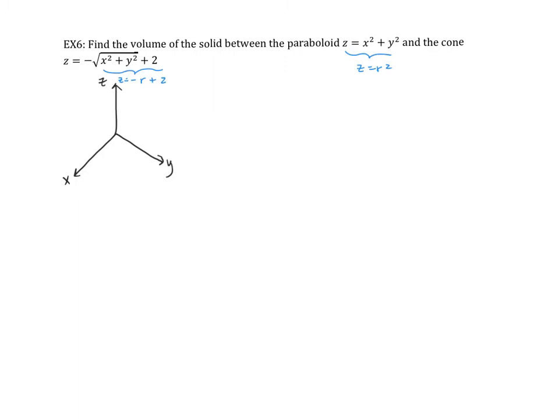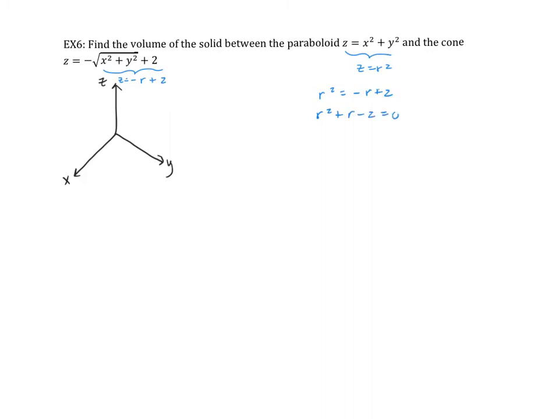So what I'm going to do is look at where these two intersect. If I set these equal to each other, and I'm going to leave it in the r squared, that gives me r squared equal to negative r plus 2. I already got rid of the x's and the y's. r squared plus r minus 2 is equal to 0.